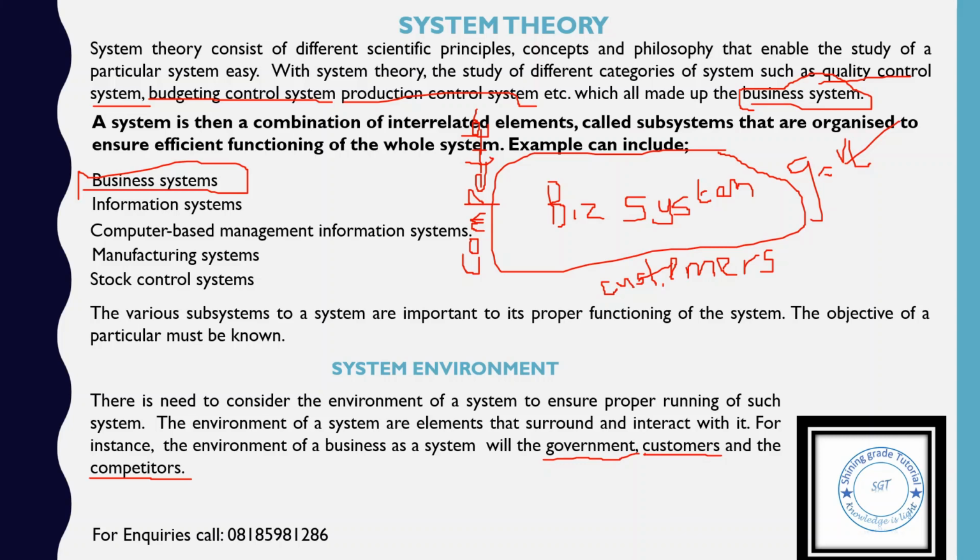When a system tends to achieve its aim and objective, there might be some kind of limitation that surrounds the system. So through the study of its environment, the business will be able to strive no matter what. Okay, so we have been able to explain a system and the environment of a system.